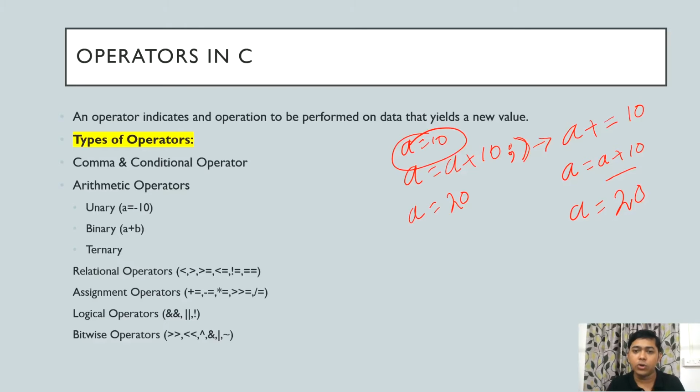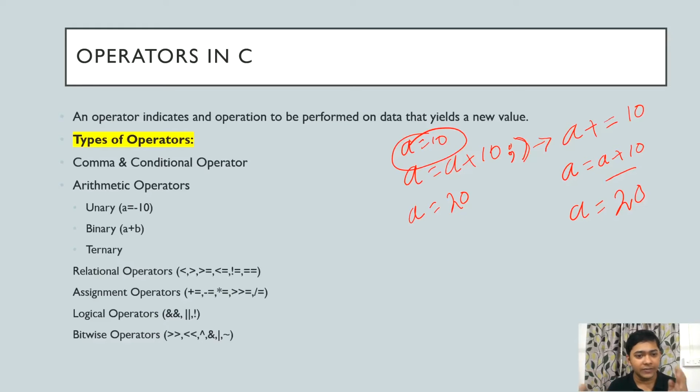Logical operators: the and operator, the or operator, and the not operator. We use the and operator whenever we need to check two conditions, and only if both conditions are true will the output be true. Otherwise it will be false. In the case of the or operator, if the left side is true, it will produce true.